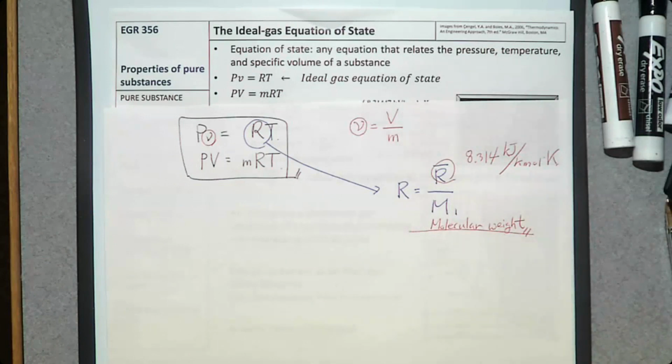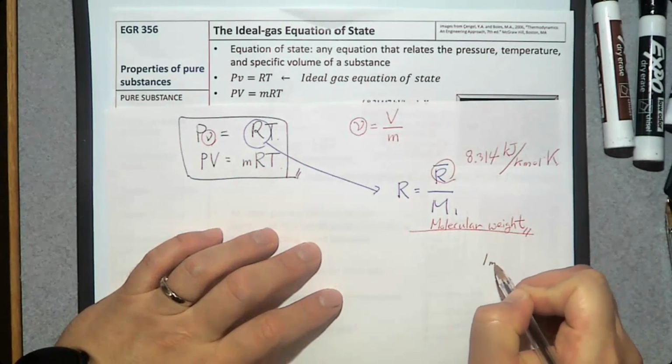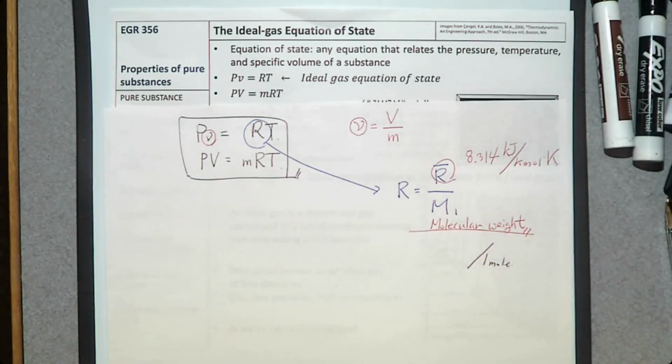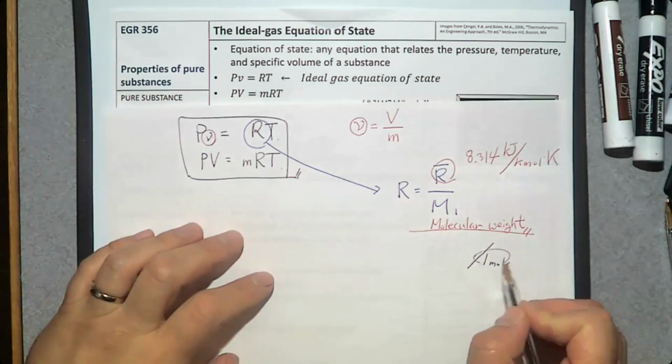Molecular weight means the mass of a substance per mole. So if you have 1 mole of a substance, the mass of the system is going to be the molecular weight.